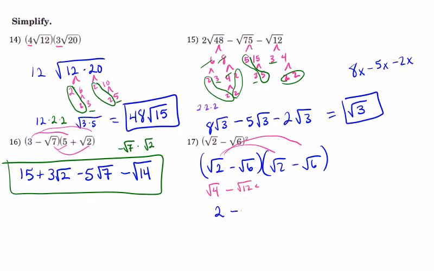And we can break that down, right? 2 times 6, 2 times 3, so we have a pair of 2's and a leftover 3, so it'll be negative 2 root 3. Okay? And then I'm going to multiply negative root 6 times root 2, so that's the exact same thing, right? It would be negative root 12, which we just talked about is negative 2 root 3.